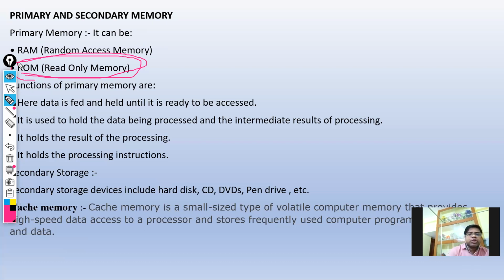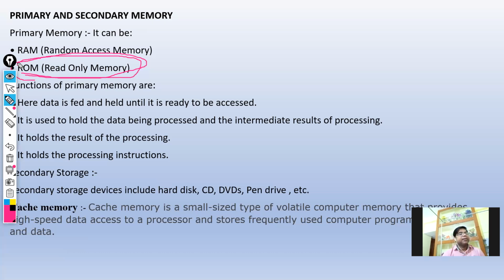The storage of data and instructions in ROM is permanent, my dear, until it is written over. The contents of ROM are not lost when power supply is switched off. That is why we say this one is a non-volatile memory.